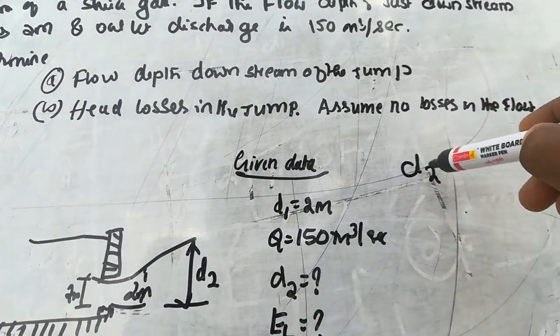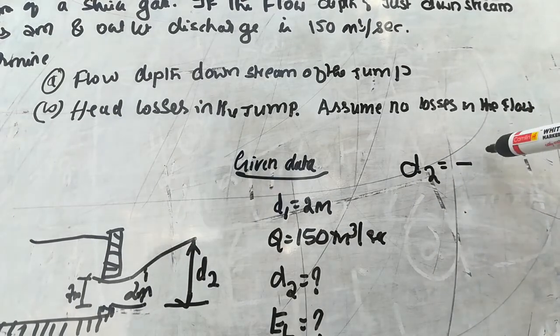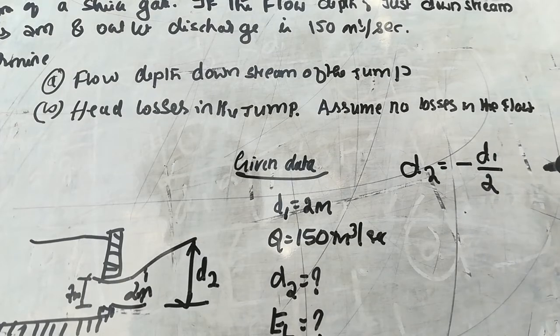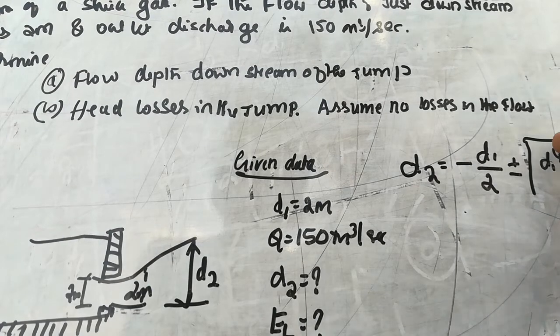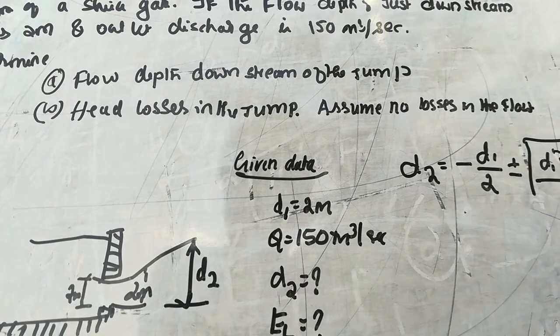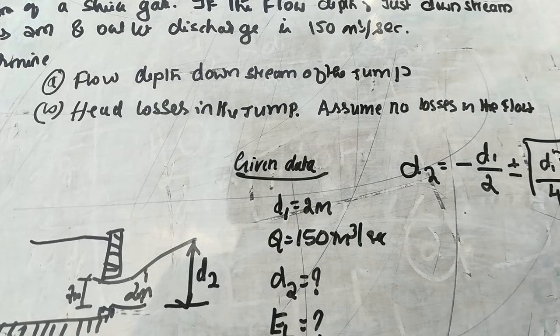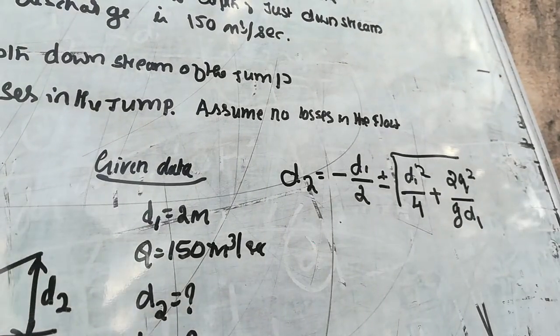We studied this formula in the previous derivation. d2 is equal to minus d1 by 2 plus or minus root of d1 square by 4 plus 2q square divided by g d1. This is the formula we have here.